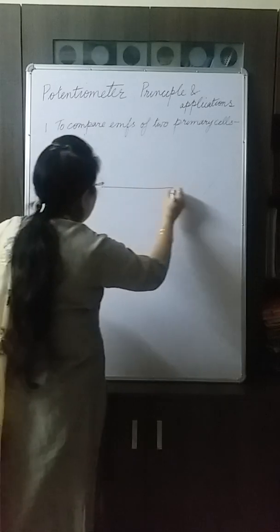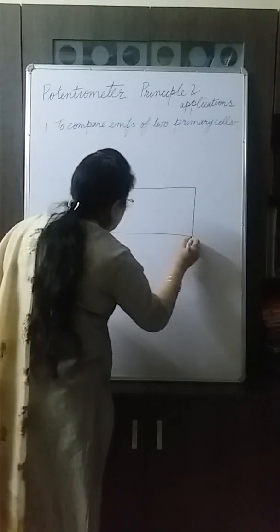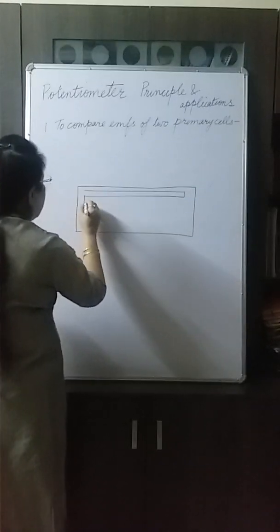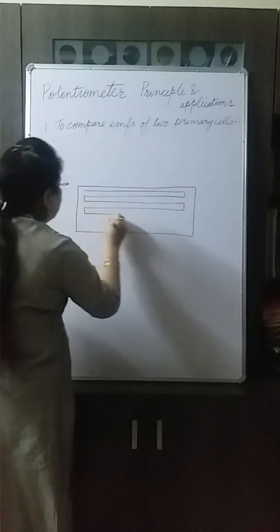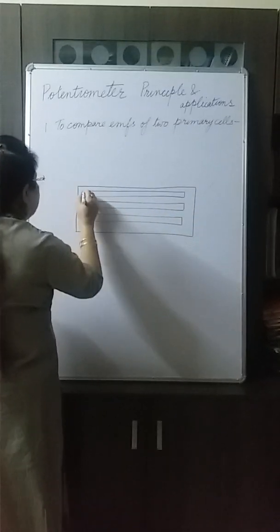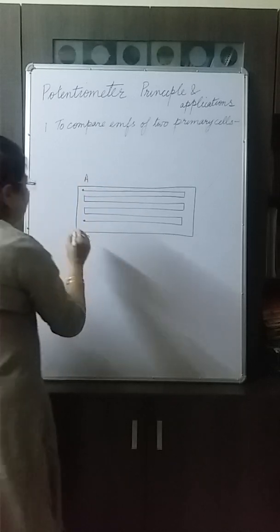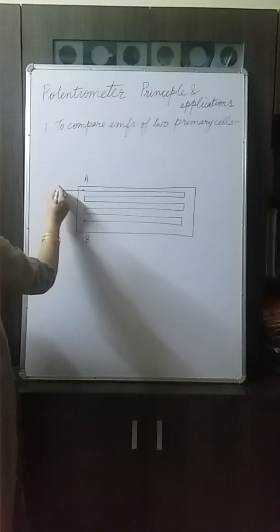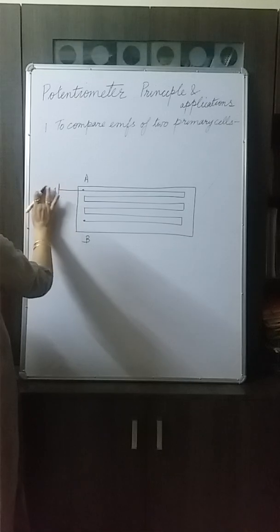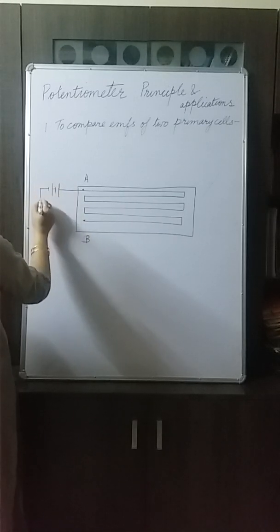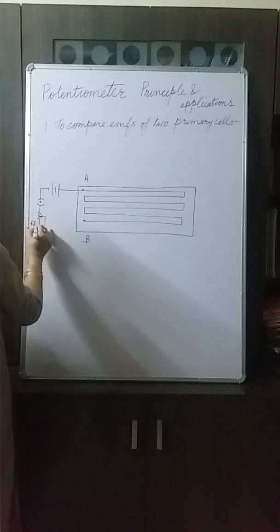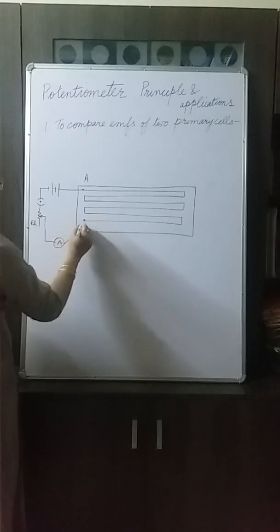Let us see the circuit diagram first. Again the potentiometer with its wire AB, and in this wire we connect here the battery, then the key, the rheostat, the ammeter, and to the point B of the wire.